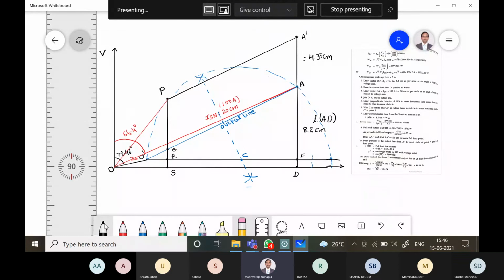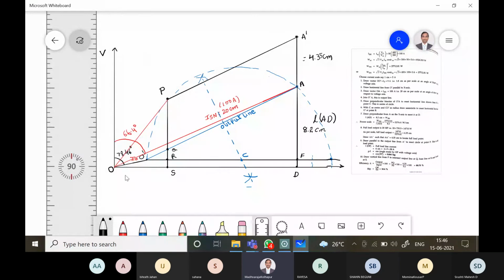Momina Kausar, how much did you get for the OP length? 6 centimeter exactly.